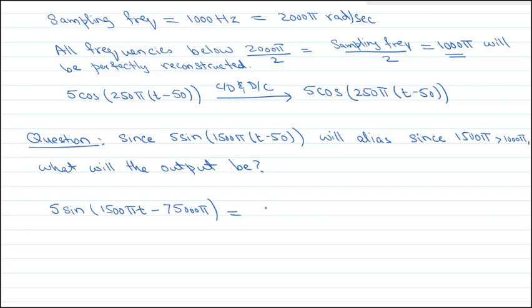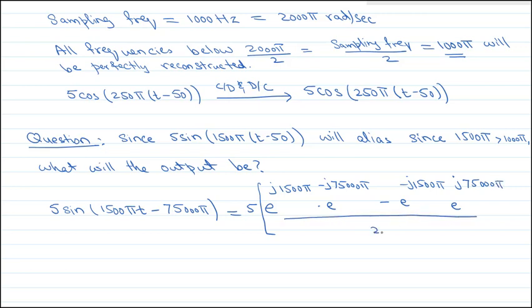which is equal to, 5 will stay outside, e to the j 1500 pi t times e to the minus j 75,000 pi, minus e to the minus j 1500 pi t times e to the j 75,000 pi, over 2j.